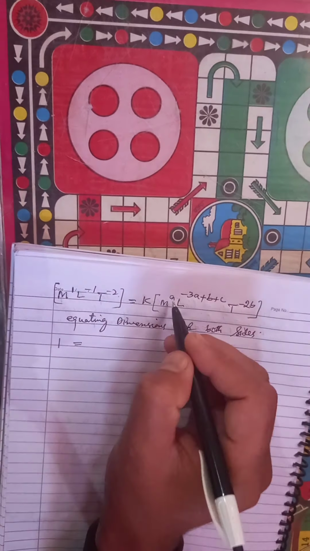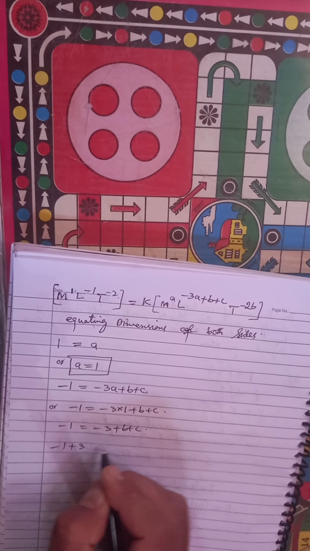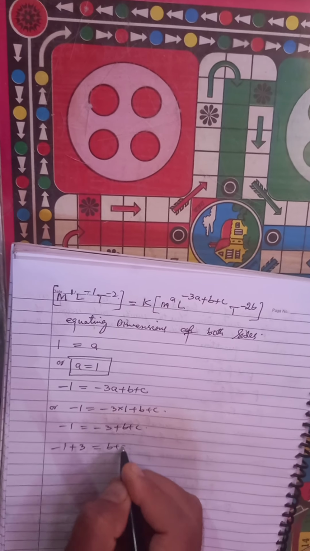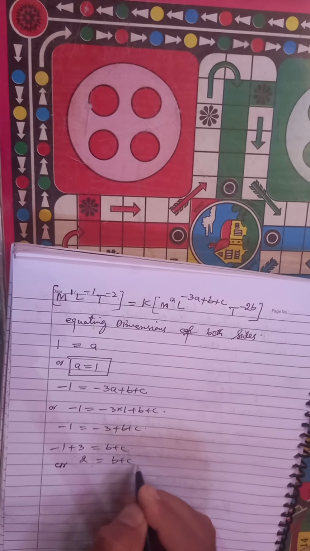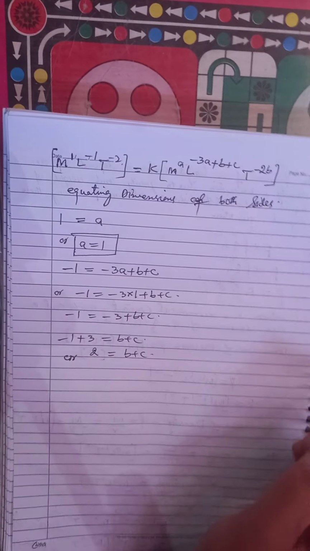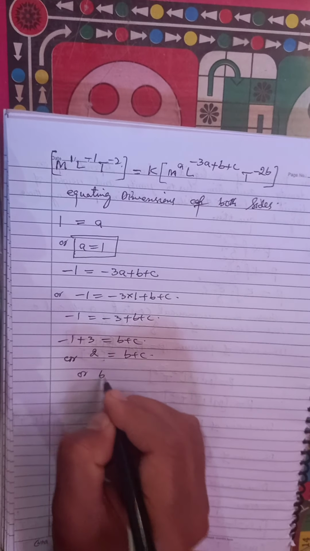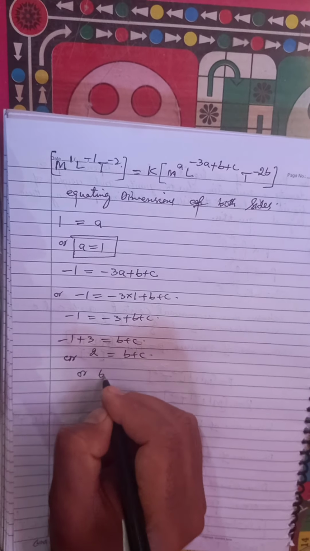So minus 1 is equal to minus 3 plus b plus c, or plus 3 minus 1, so 2 is equal to b plus c. Or b plus c is equal to 2.